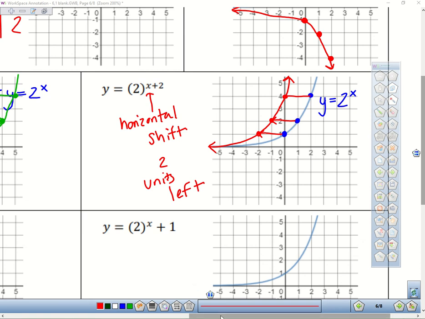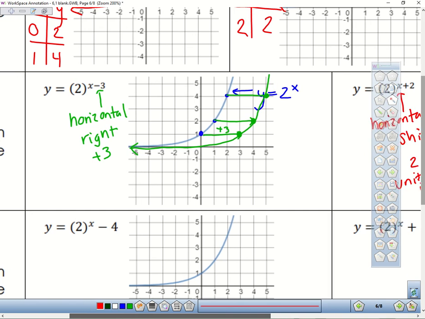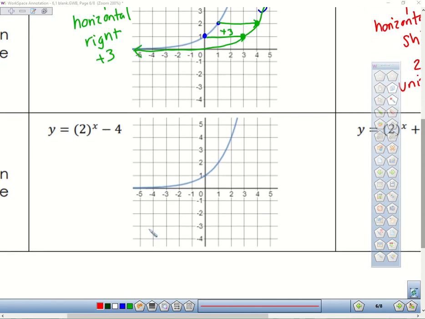The last 2 are what kind of shifts? Anyone know? Yeah, they're vertical shifts, right? And this time we're going, how many units, which direction? Down 4. So this always tells you up or down, okay, when it's on the end like that.